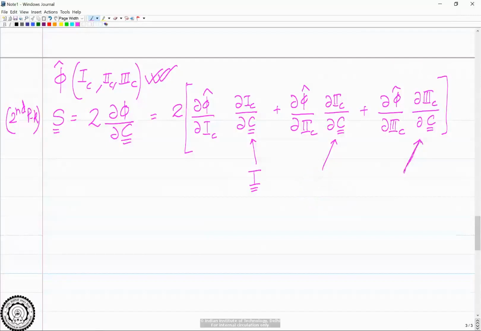And this last one you already had in your assignment. What did it turn out to be? Trace of C into I minus C transpose. Okay, this is trace of C into I minus C transpose. Okay, thank you.